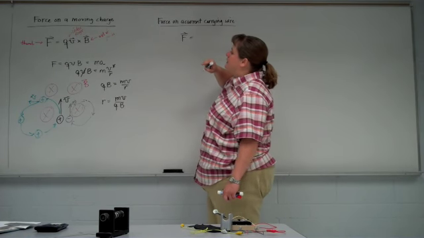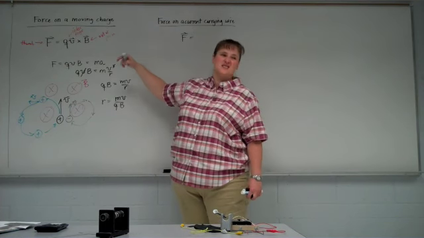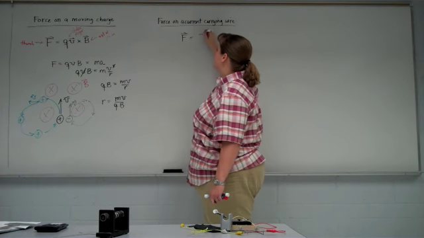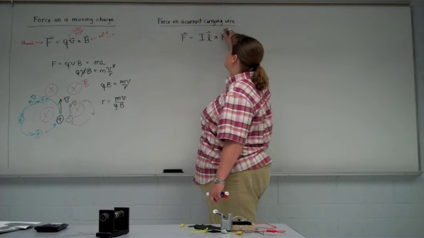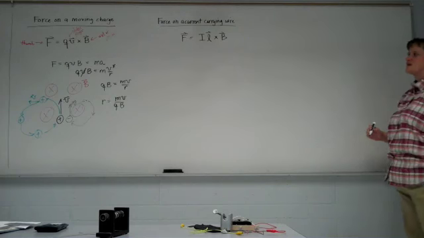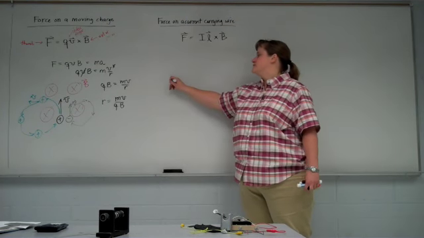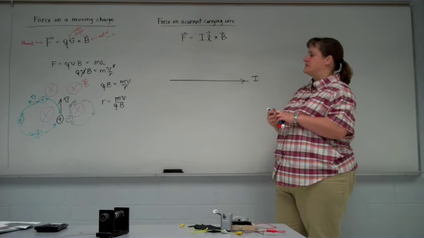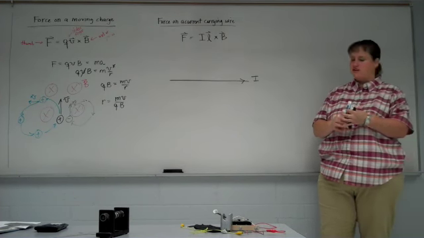With a current carrying wire, instead of writing it as q times v, remember velocity is distance over time, so we shift the time under the q. q over time is current. So we get current times distance, or length in this case, crossed with B. So if I have a wire carrying current, in this case I'm going to say our current is flowing to the right.